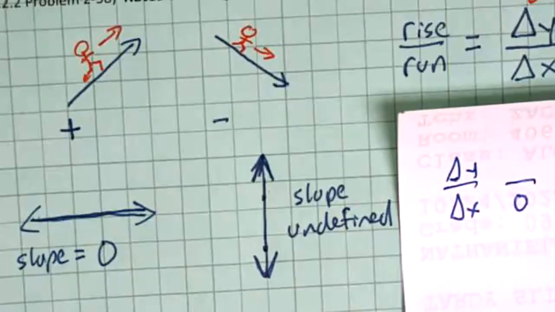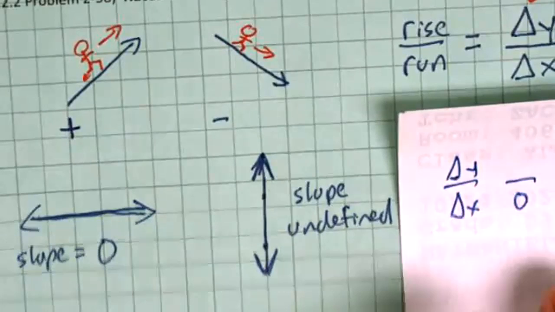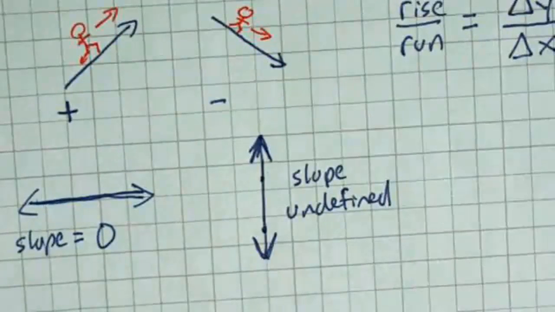The only way you could do it is to obliterate the pizza, which means we'd have to obliterate everything, which means everything we know and love would cease to exist. We don't want to do that. So we can't divide by 0, so we have an undefined slope. We're just going to say that's undefined. It doesn't mean the line doesn't exist. It just means we can't talk about its slope.